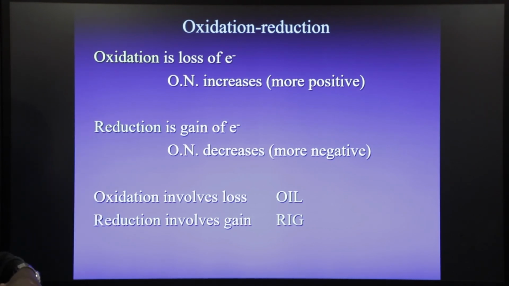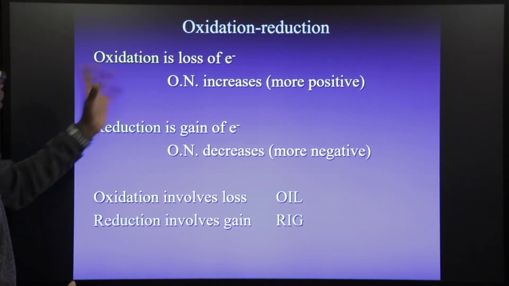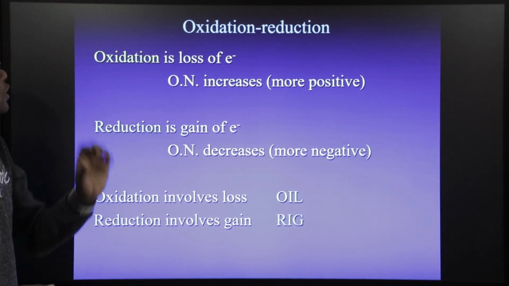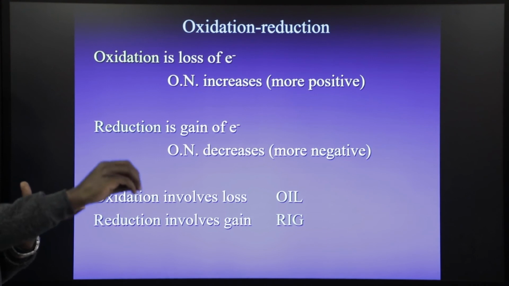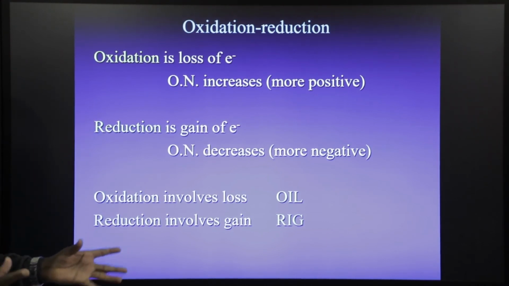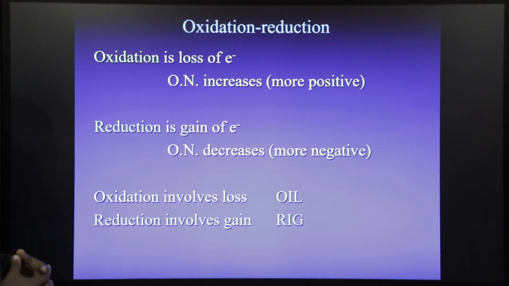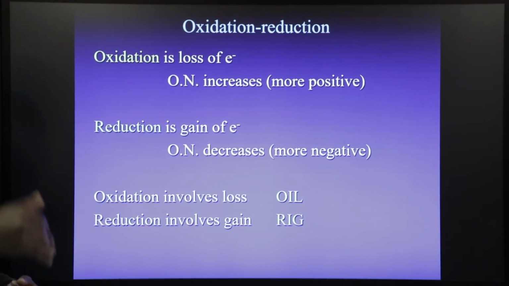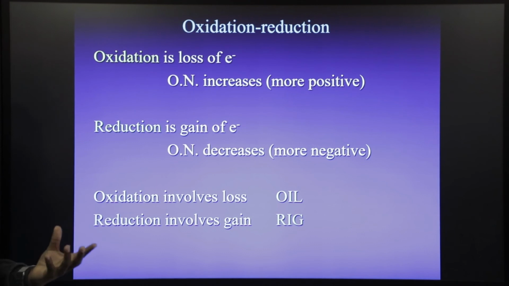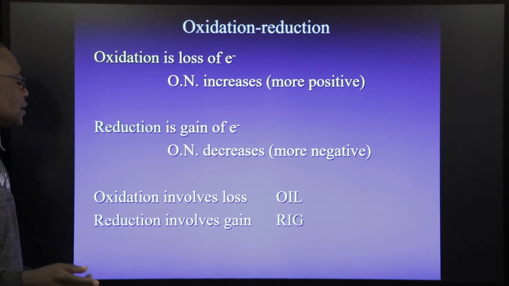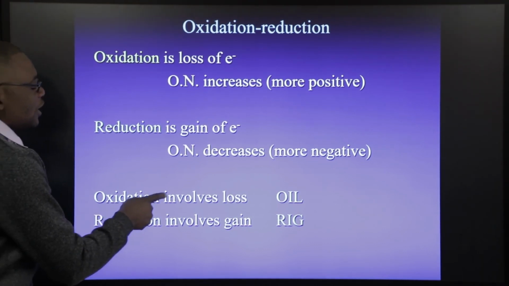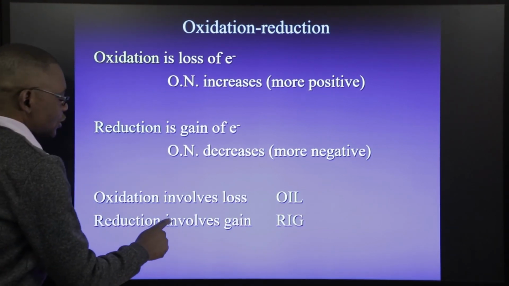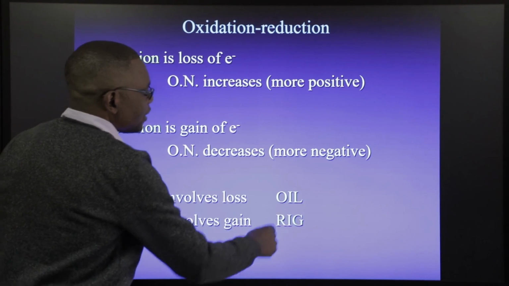As we have agreed, oxidation is loss of electrons, and oxidation numbers increase or become more positive as more electrons are lost, while reduction is a gain of electrons, and oxidation numbers decrease or become more negative. In other words, oxidation involves loss, oil, reduction involves gain, rig.